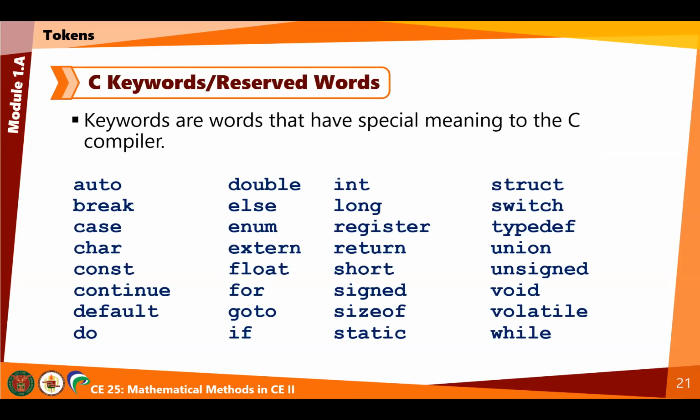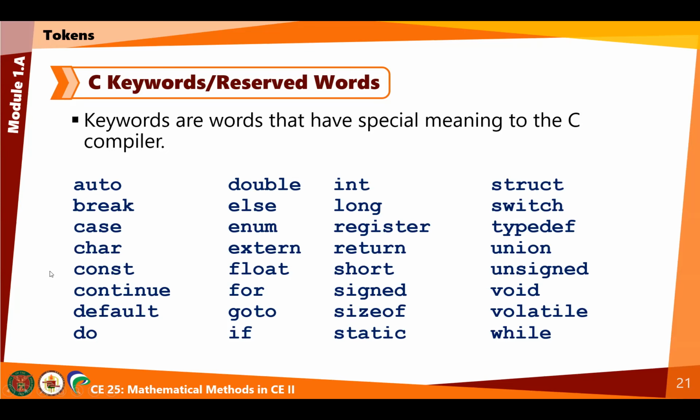So here, keywords are the words that have special meanings in C. So here, you cannot use them in naming your variables. Okay? So, ang maganda sa C, how many is this? 1, 2, 3, 4, 5, 6, 7, 8 times 4, 32. So, these are all the keywords in C.